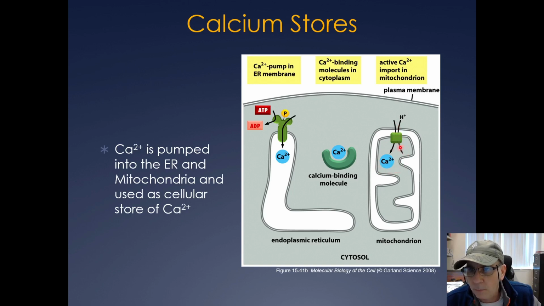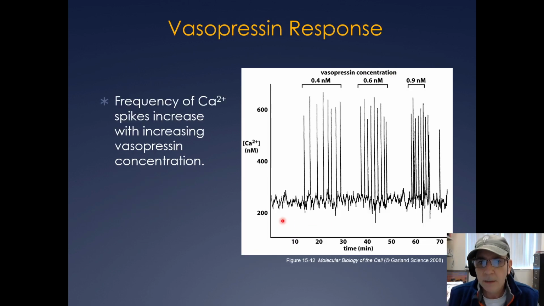We'll learn more about symporters and antiporters later on in the term, but suffice it to say, there are all these different mechanisms that keep calcium low and store it in different intracellular compartments, specifically the endoplasmic reticulum, because that's where most of the calcium is stored, and that's where the IP3 gated calcium channel is located.